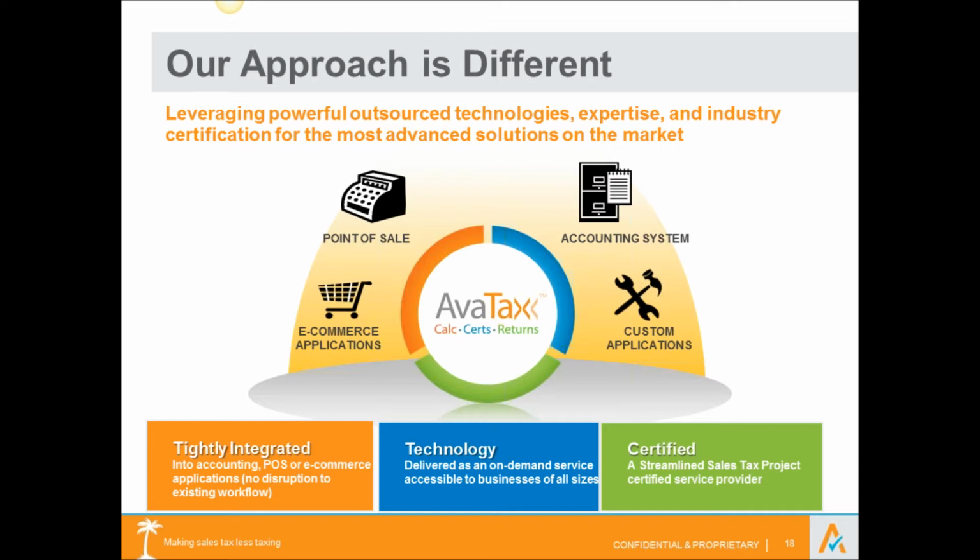They change from time to time, and no one local to the business wants to be an expert in compliance. So why not put all those rules in the cloud and have the technology in the cloud read the data it needs from the accounting system, the e-commerce system, a custom application, whatever it may be that the source of the transaction needs a tax decision applied to. Just give us the information, we'll make the decision and push it back into your system.